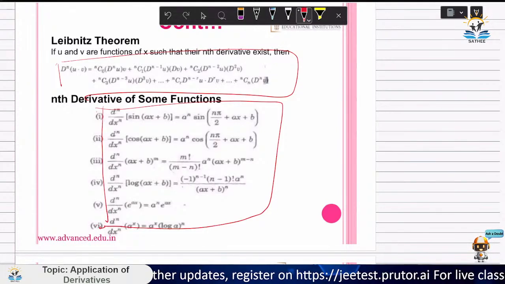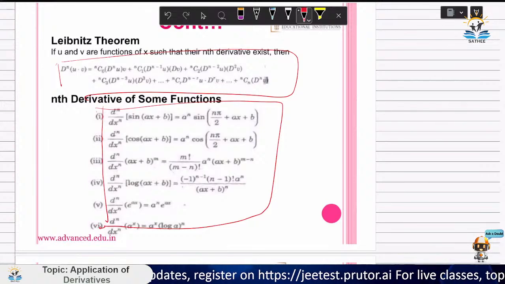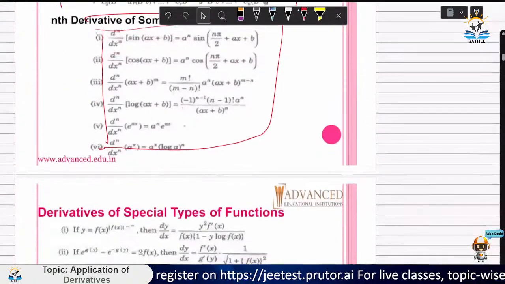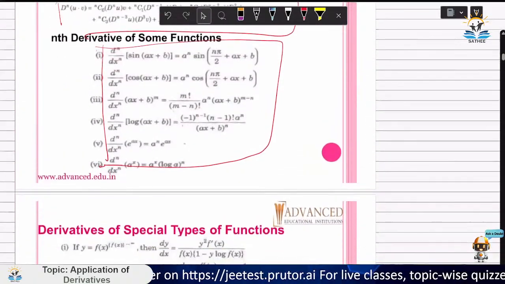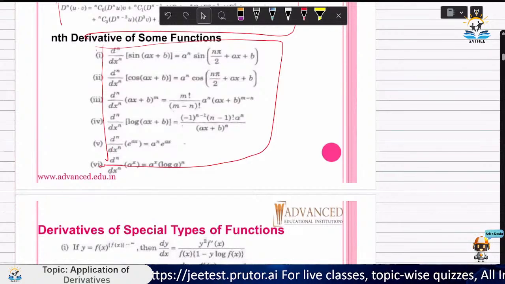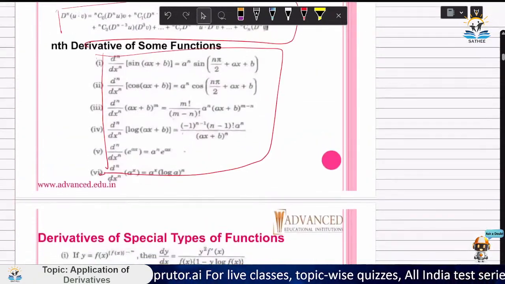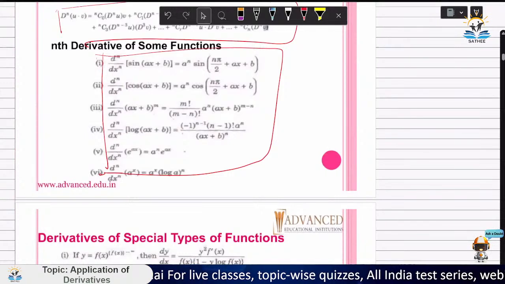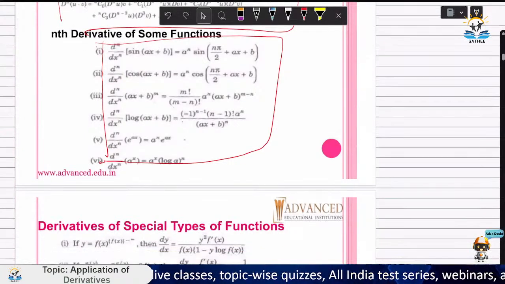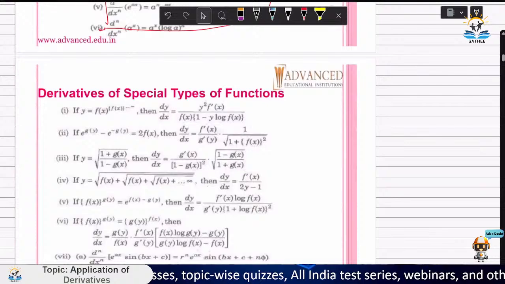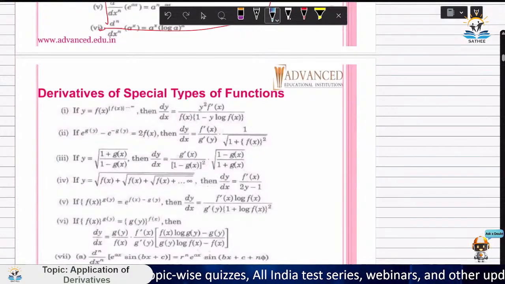But my personal suggestion would be not to look into these right now. If you find a question that is somewhat related to these, then kindly apply the formula and move on. This is something that usually does not appear in questions, but if it does, why not? You can always be more prepared, right?